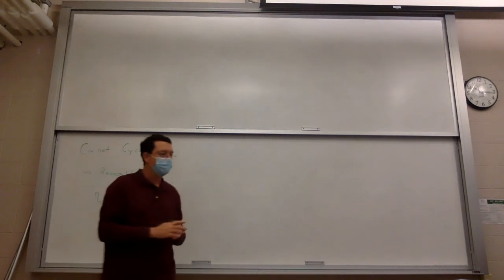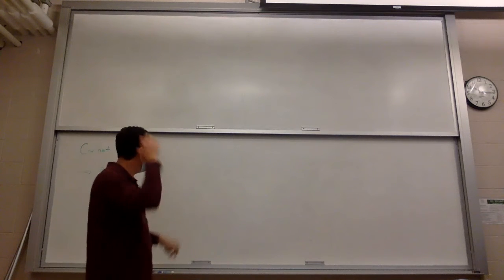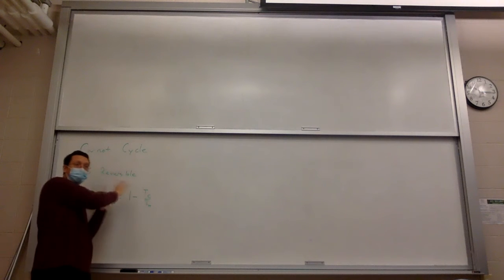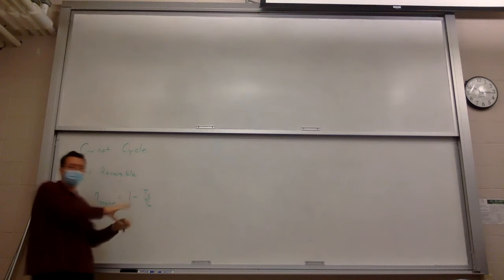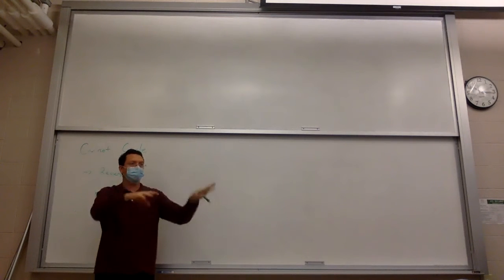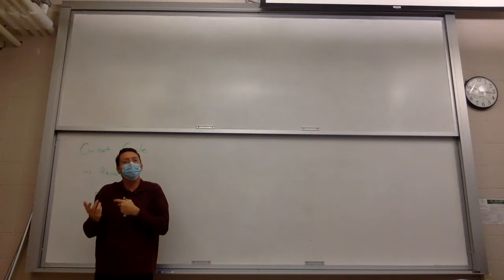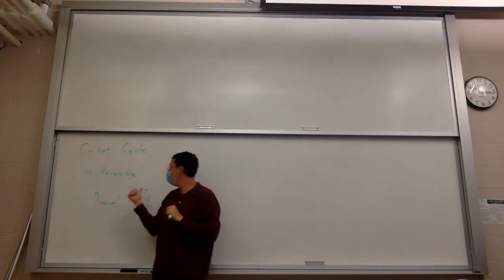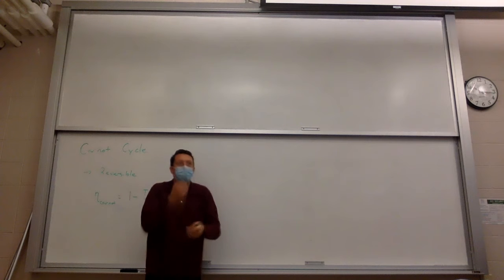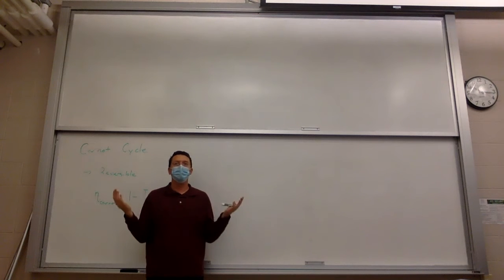In fact, I'm not going to do it because we're running short in the semester, but you can imagine that you had a Carnot cycle and then ignore the fact that we had ideal gases. Just set that aside. You could use Carnot cycles to define an absolute temperature scale, and it would have nothing to do with ideal gases.